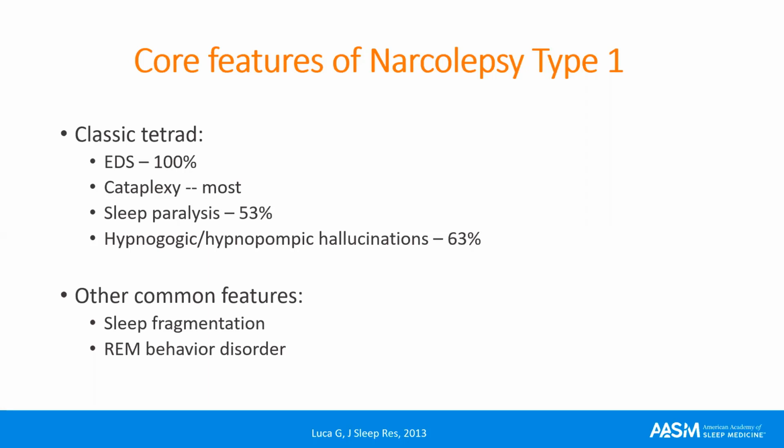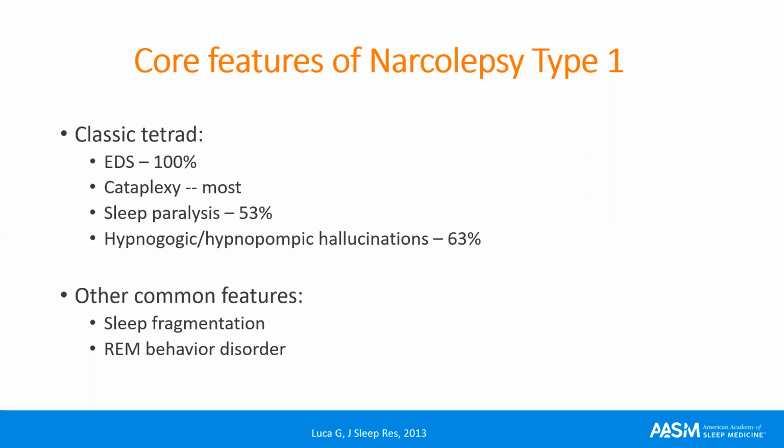And then hallucinations at sleep onset, hypnagogic, or sleep offset, hypnopompic, occur in about 2/3 of people with narcolepsy type 1. So while people talk about the classic narcolepsy type 1 tetrad, not all patients have all 4 things. Two other things that are really common in narcolepsy type 1 are sleep fragmentation and REM behavior disorder.